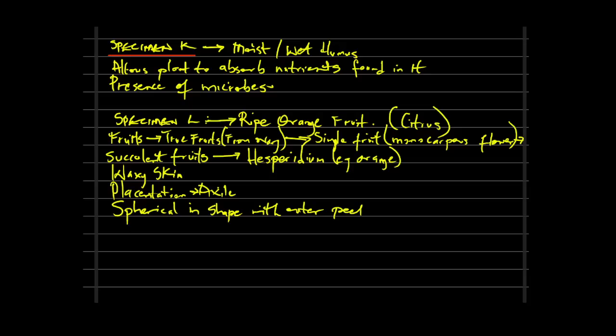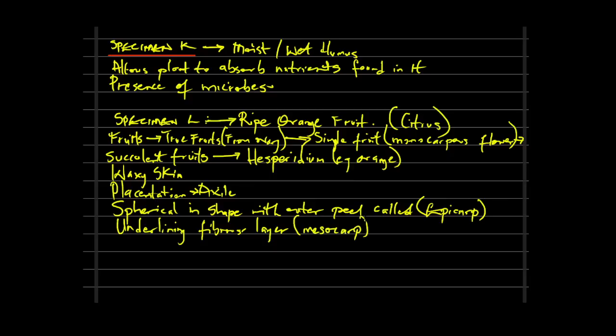The outer peel is called the epicarp, with an underlying fibrous layer, which is called the mesocarp.